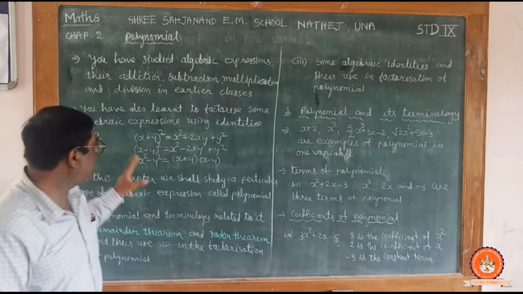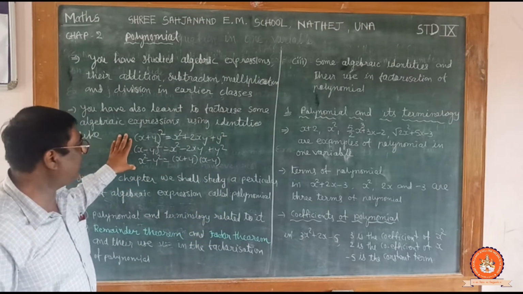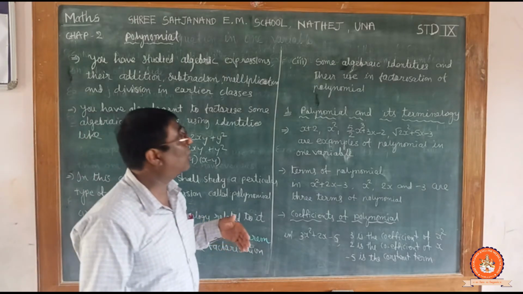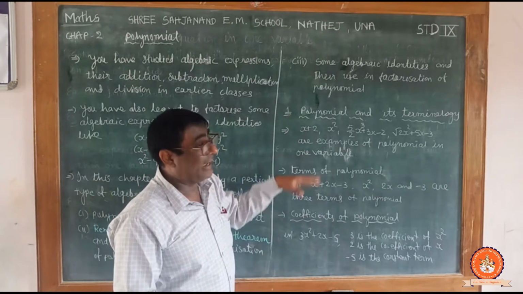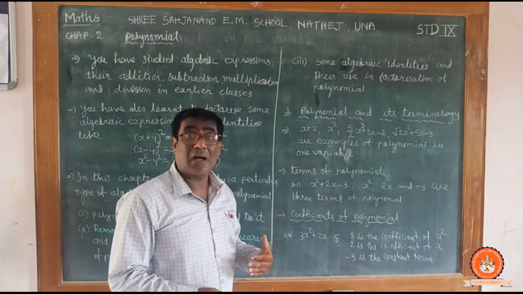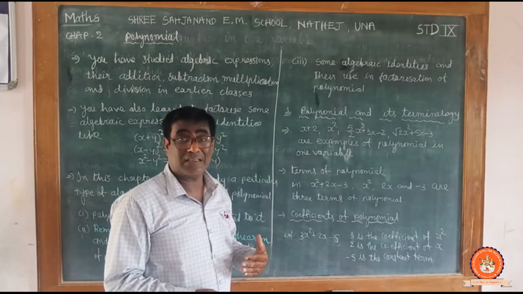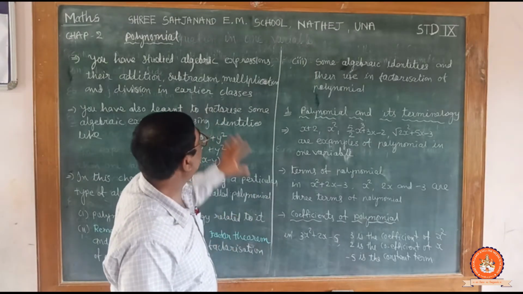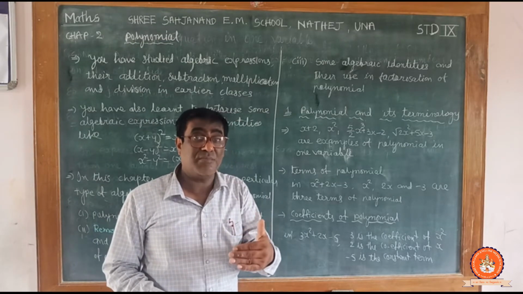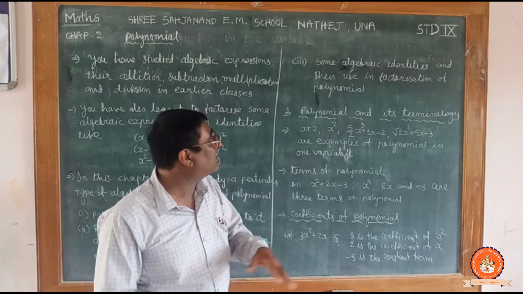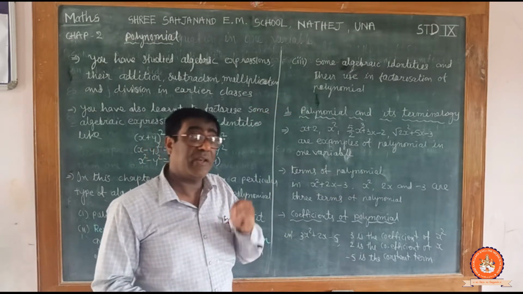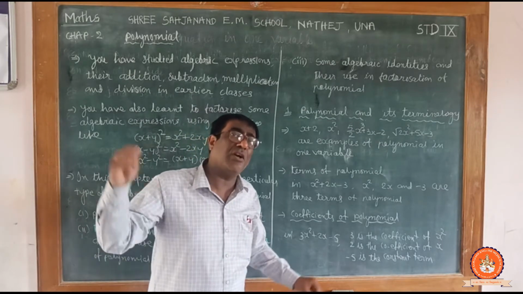You have learned a few identities in the earlier standard, but here you have to learn more identities in this chapter, and these identities are very useful in algebra, which is one of the branches of mathematics.